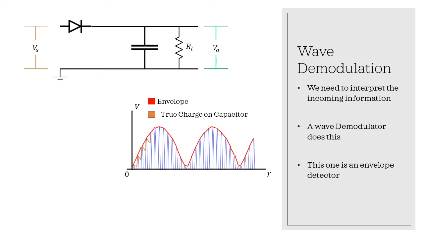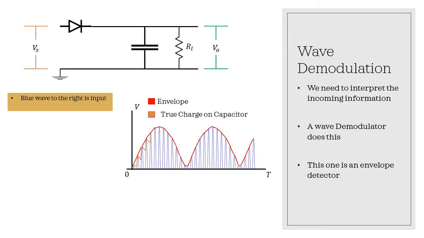So here we have a little plot over time of our input signal. The blue wave is our carrier frequency. The red line is our wave envelope, or a representation of our amplitude over time.